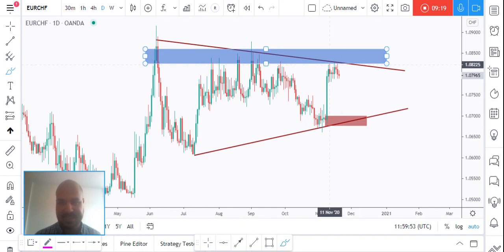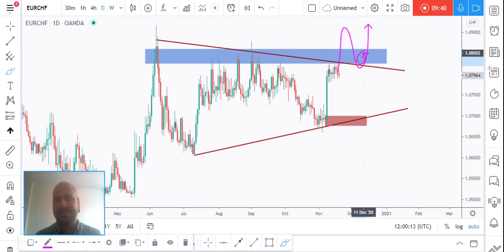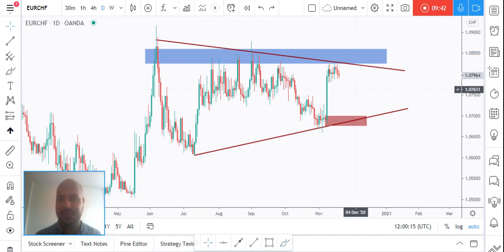So from daily time frame, that's what we know. And since price is sitting around resistance, as mentioned before, we'll zoom into lower time frames and look for sell setups. If price goes up or if price forms a buy setup around here, we will not buy. We are only interested in selling EURCHF for now around this area, unless price breaks it upward, then we'll be looking for buy setups as mentioned previously.